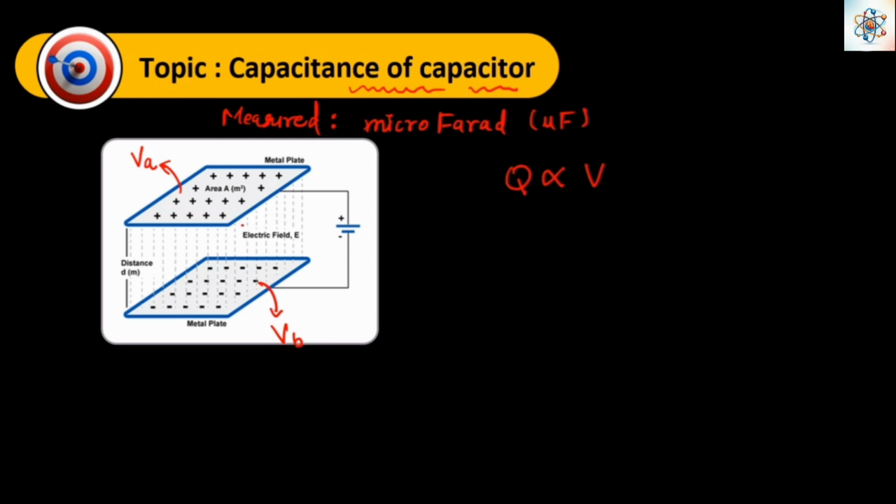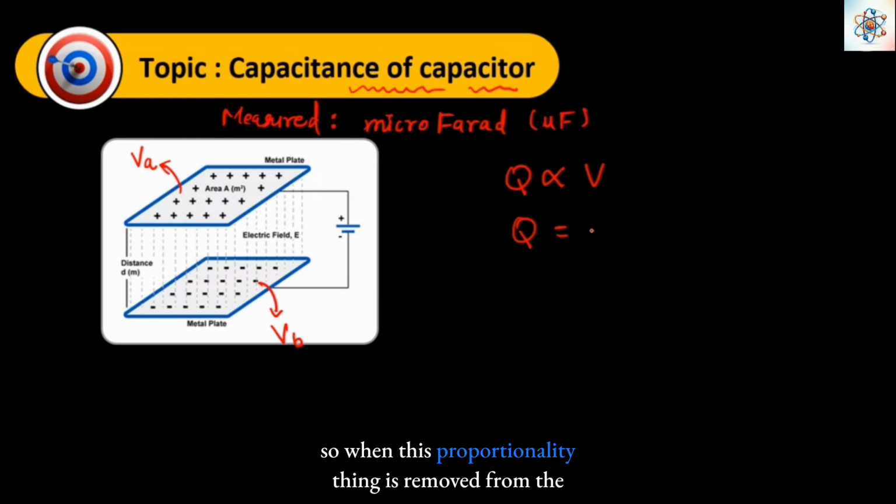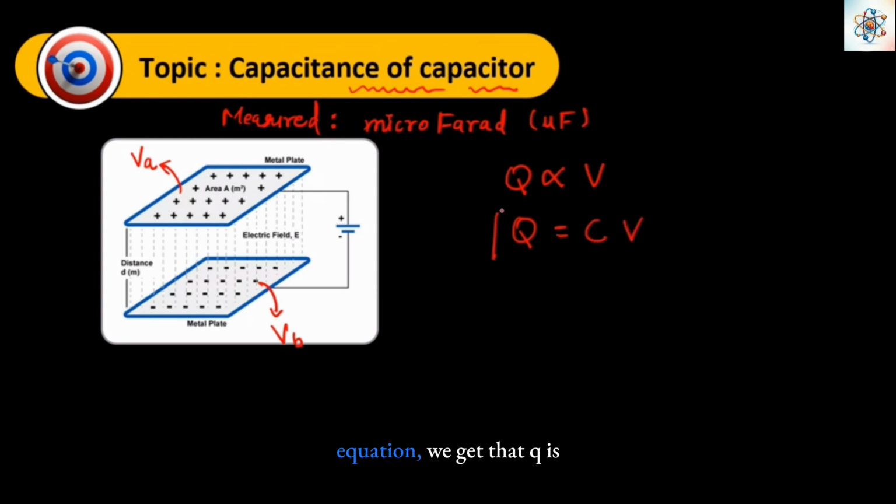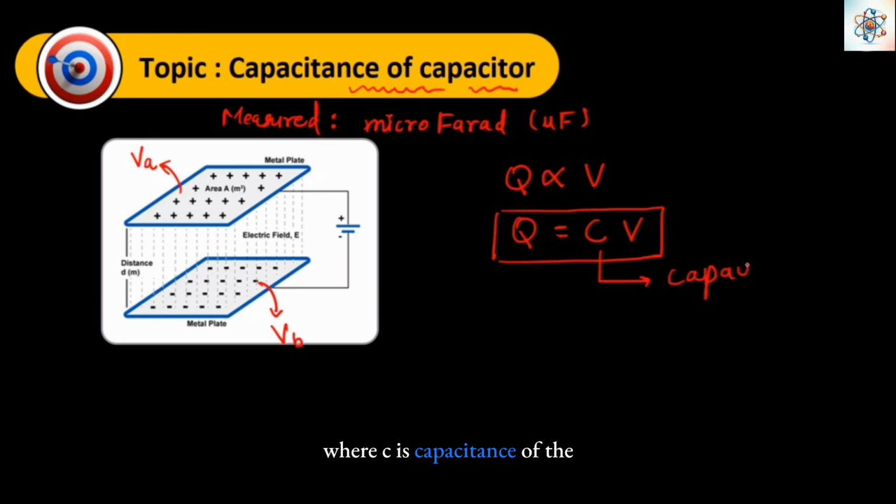Yeah. So when this proportionality is removed from the equation, we get Q equals CV, where C is the capacitance of the capacitor.